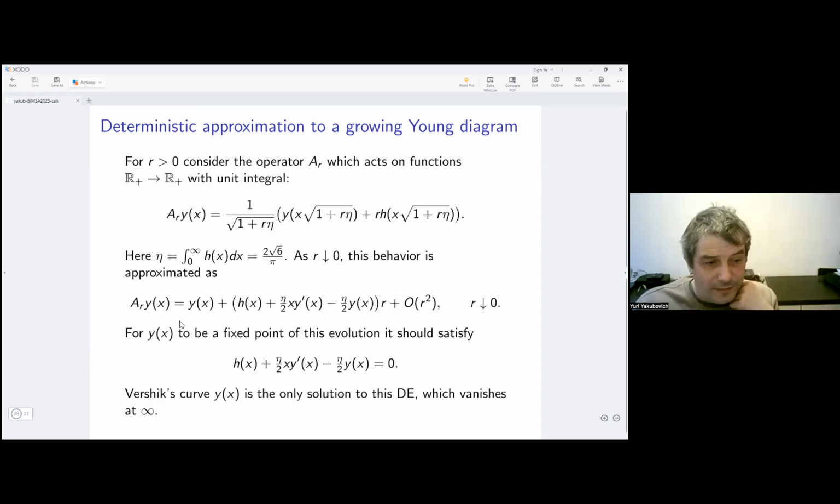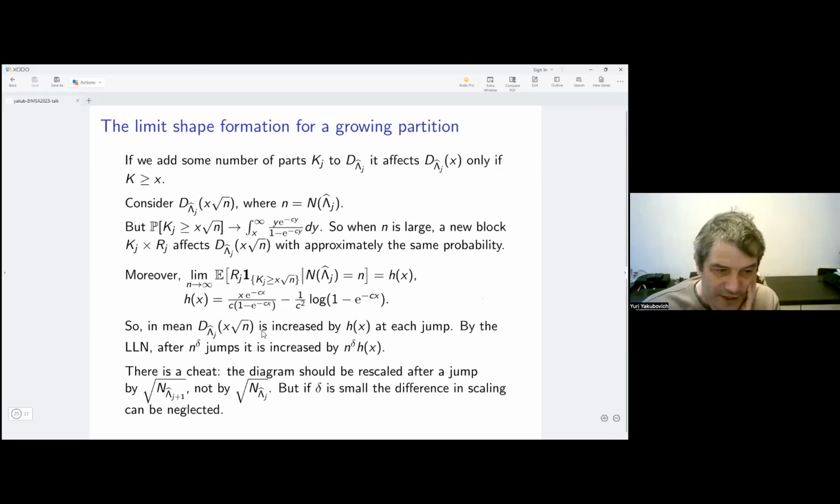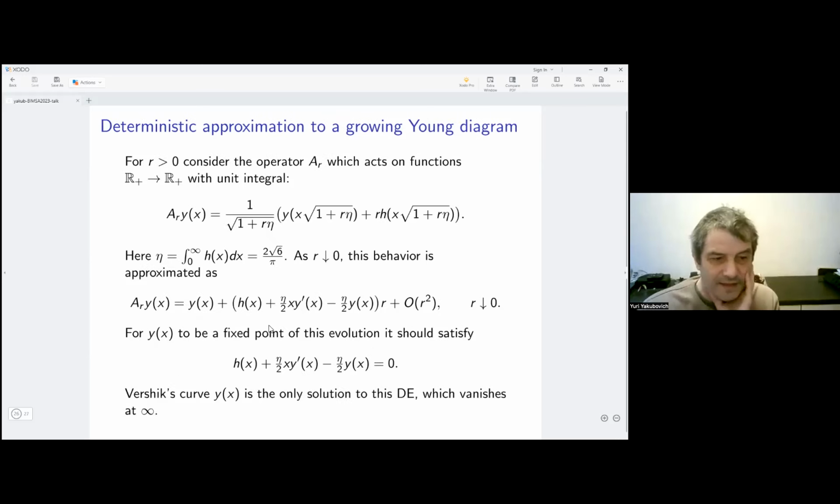And if y is a fixed point, then this coefficient should vanish. It turns out that this ordinary differential equation for y, with h given by this expression, has a unique solution, which is Vershik's curve.